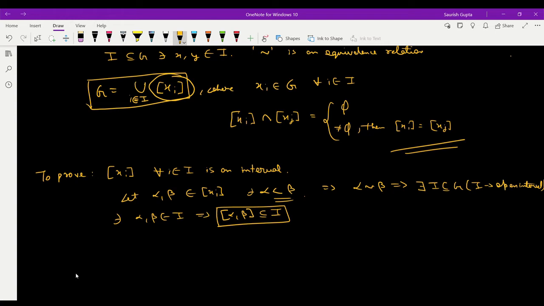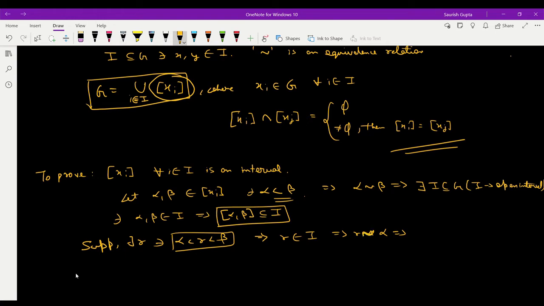Now suppose we take any arbitrary element from between alpha and beta. Suppose there exists r such that alpha less than r less than beta. Okay, r is any arbitrary element between alpha and beta. Now if so, then r belongs to this interval I. And if r belongs to I, then we can obviously say that r is related to alpha.